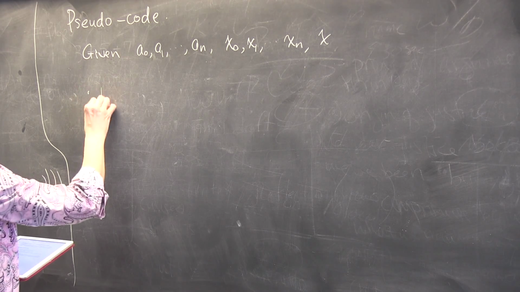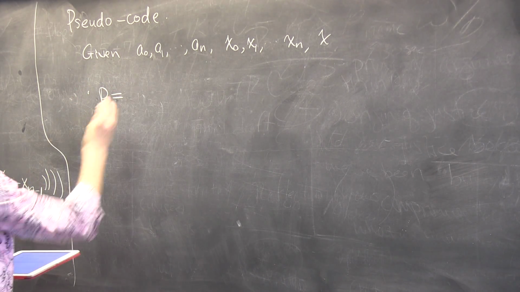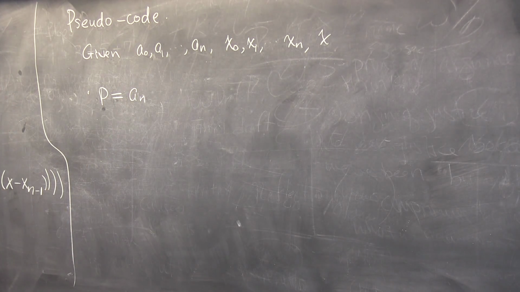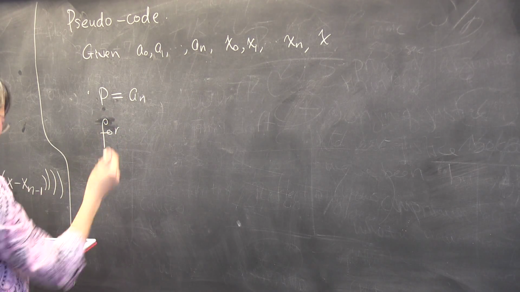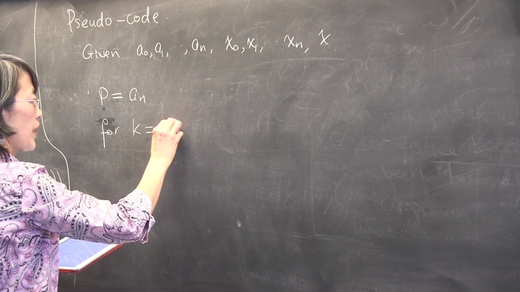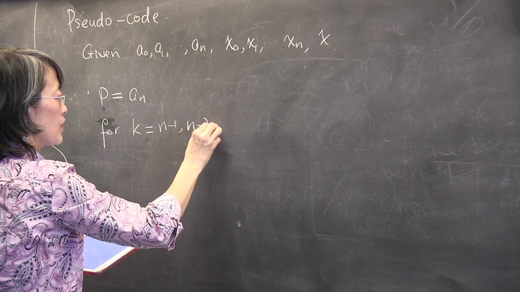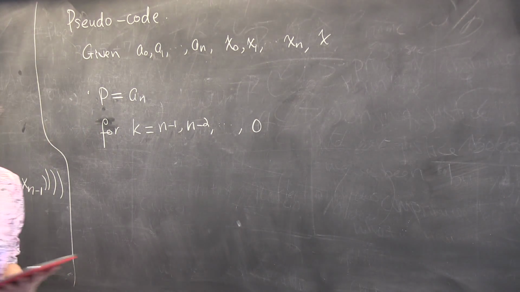For my code, step 1, so the P. Okay, so I set P equal to an. I set P to be this guy first, and then I have a for loop. Let's say my index is k from n minus 1, n minus 2. It keeps reducing all the way to 0.